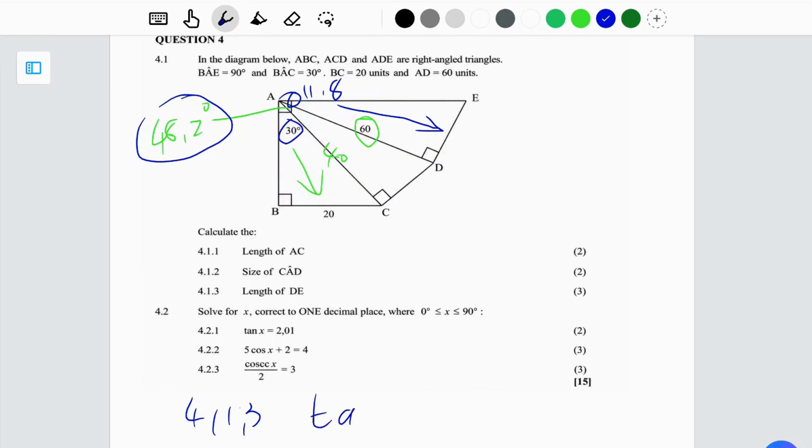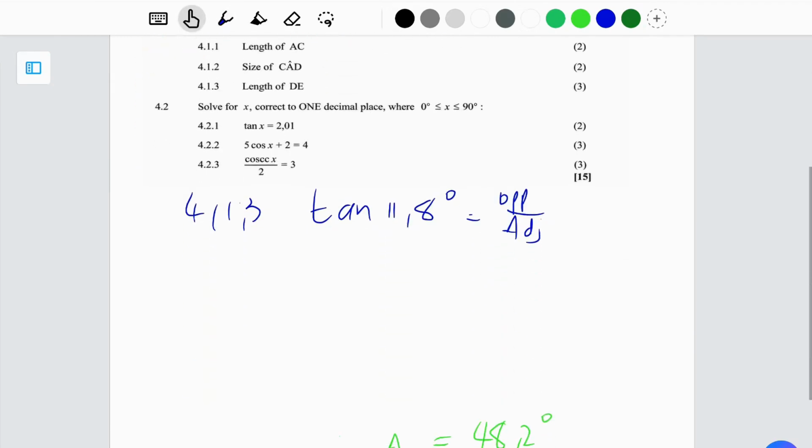So we can say tan of 11.8 degrees equals opposite over adjacent. Okay, let's move it up here. So now we know opposite is DE, which we don't know, and we know adjacent was 60, right?